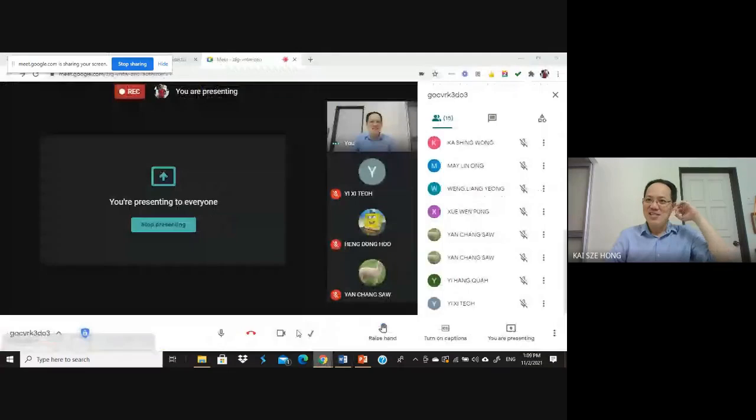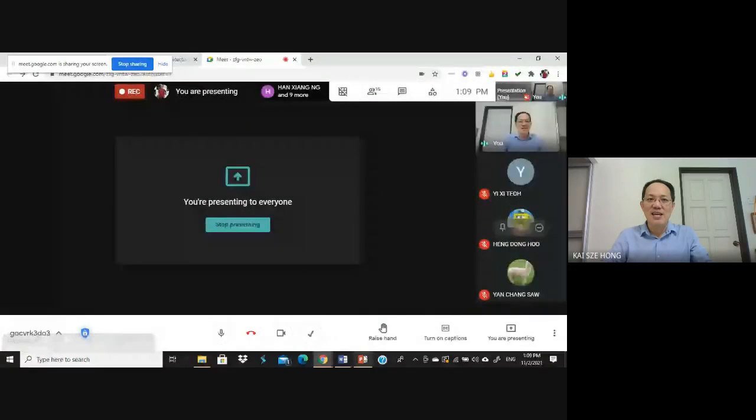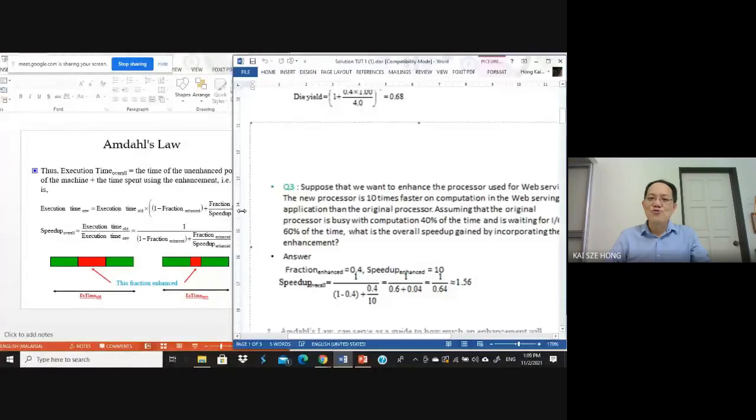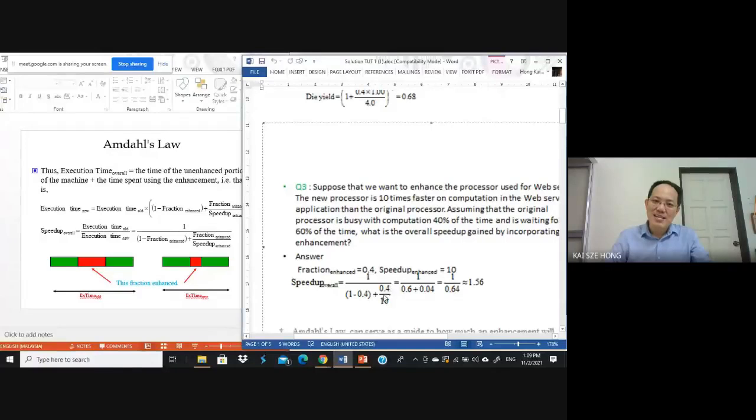Anyone talking? No? Okay, if you have any answer, just let me know. So speedup equals 1 over (1 minus 0.4, plus the portion that you can enhance divided by how many times you can enhance). If you use this formula, you will get 1.56.